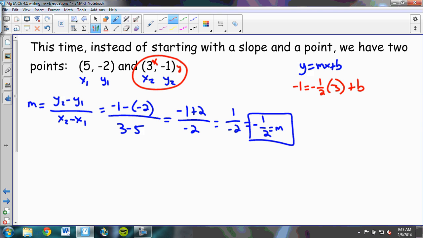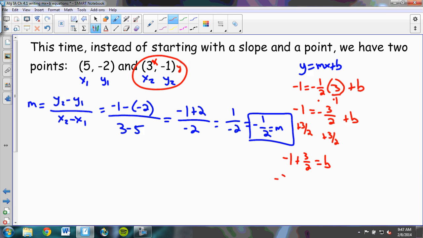Here we have to deal with our fractions a little bit. -1 equals, well, -1/2 times 3 is -1.5. You can make that a decimal, or you can make it -3/2. Multiply across the top and across the bottom of a fraction. I don't care how you write it. And you add 3/2 to both sides. So I have -1 plus 3/2 equals b.